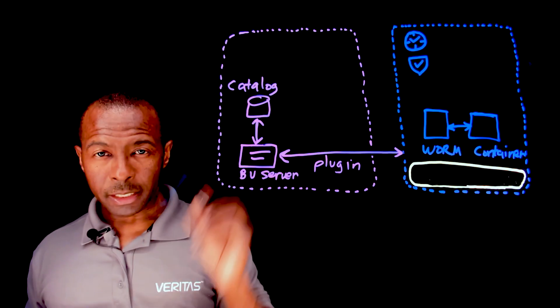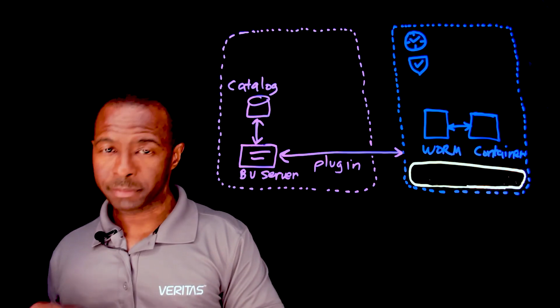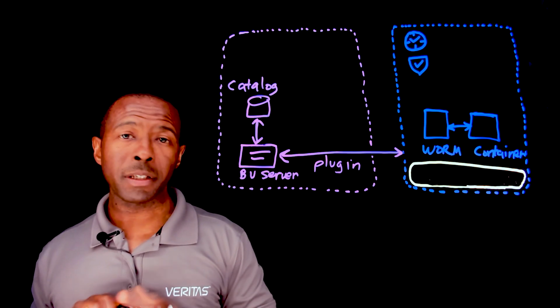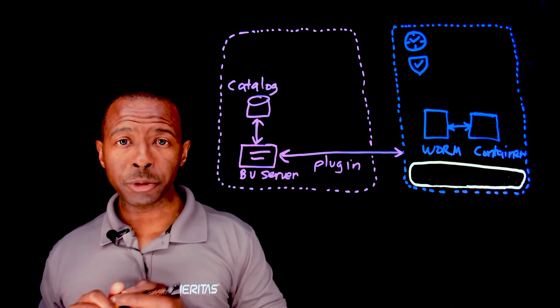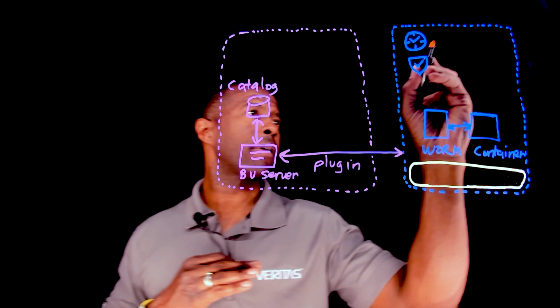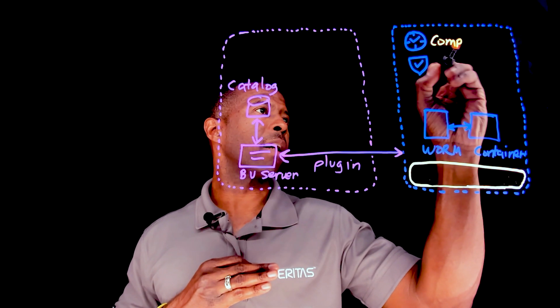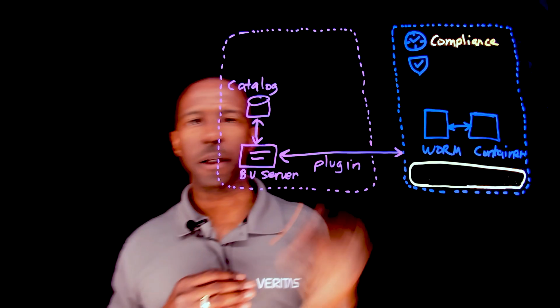Now, let's go a step further, which is going to give you even more added layers of protection in your solution: you should have some type of compliance clock. What do I mean by compliance clock?